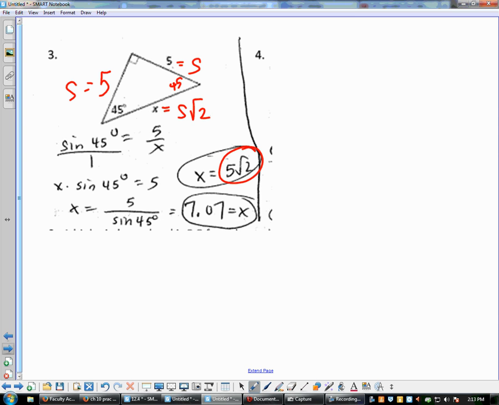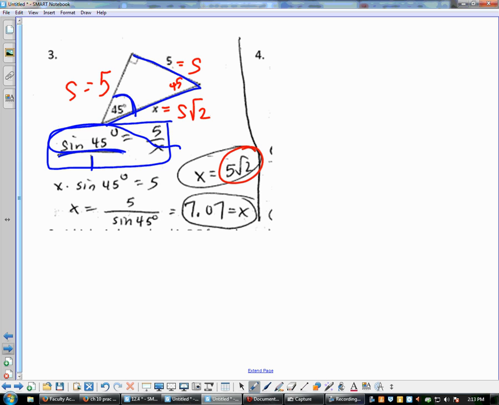If you don't remember your special right triangles from geometry, you can use trigonometry here, because we know if this angle is 45 and this opposite side is 5 and we're trying to find the hypotenuse, that involves sine. So the sine of 45 is going to be 5 over x, opposite over hypotenuse. And we think of this as sine of 45 over 1, and then we can just cross multiply.